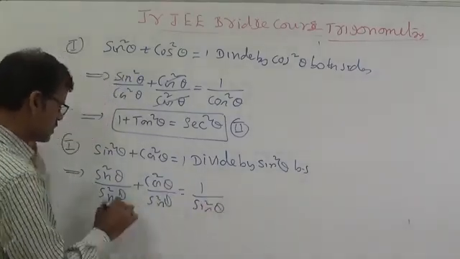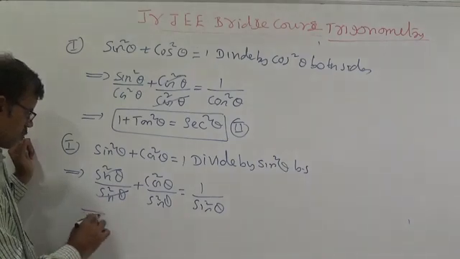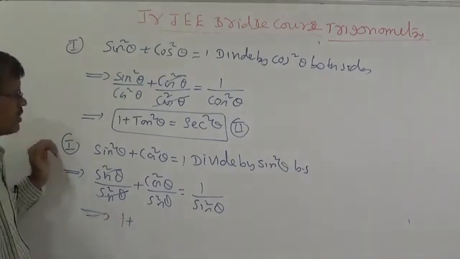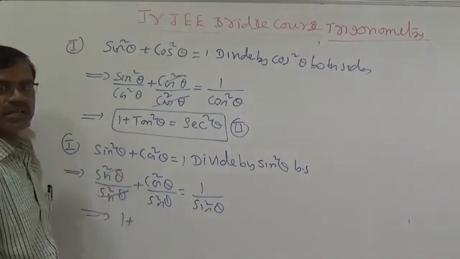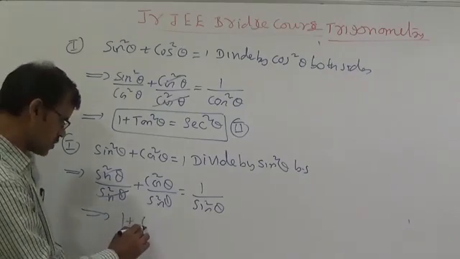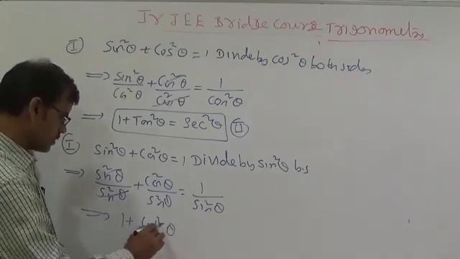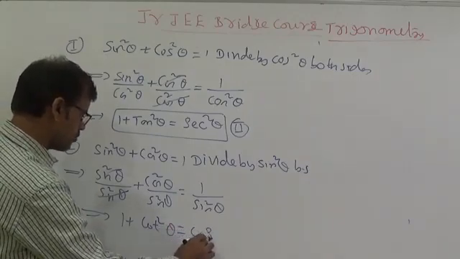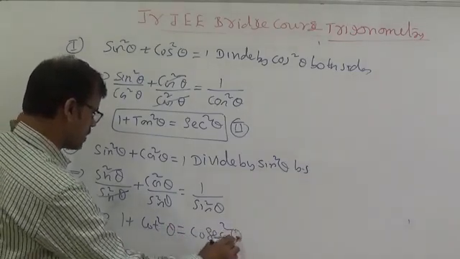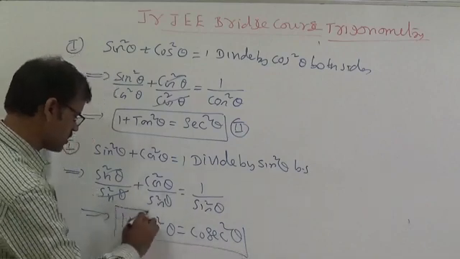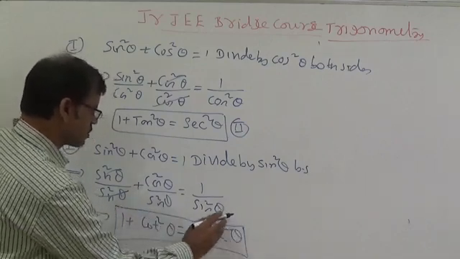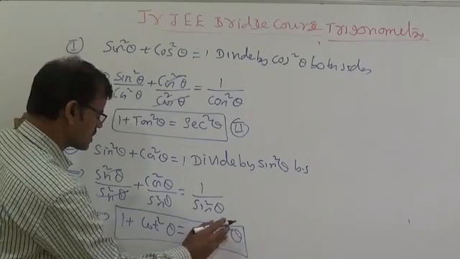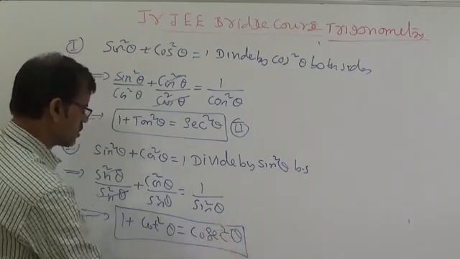Sin square theta gets cancelled. We had written that cos theta by sin theta is cot, and 1 by sin theta is cosecant. So 1 plus cot square theta is equal to cosecant square theta is the correct formula.